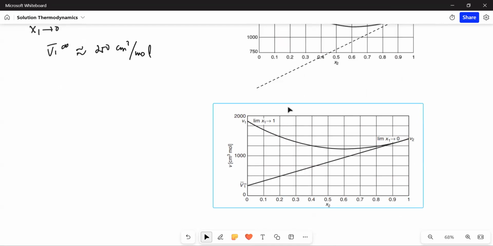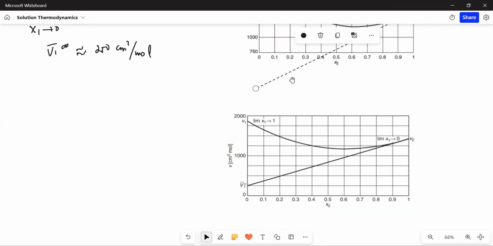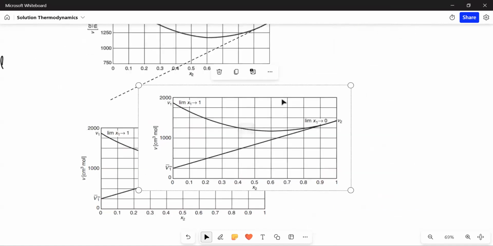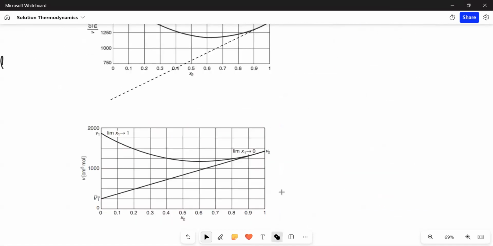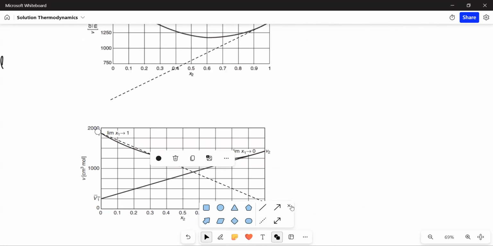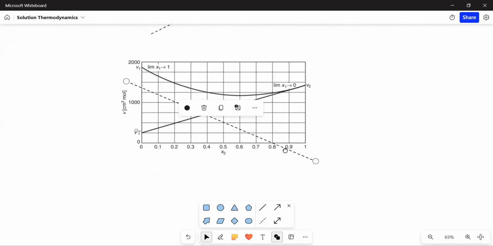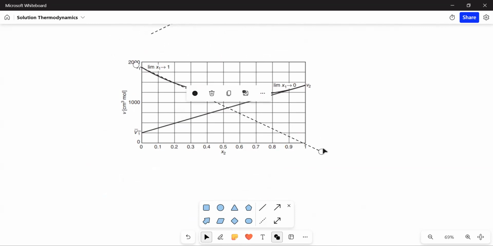So let's try to draw a tangent. Oops, not that. Let's draw a tangent. It's approximately below 0.